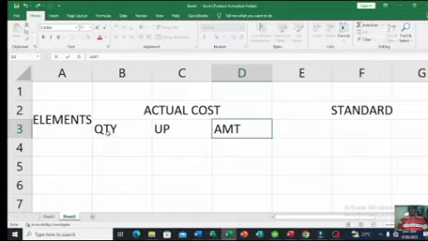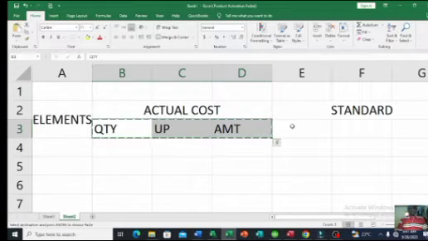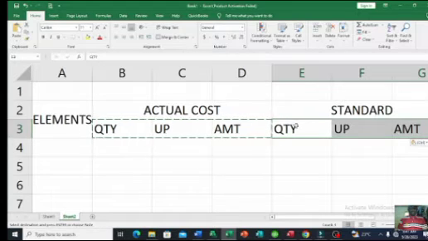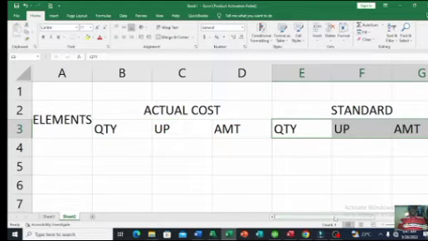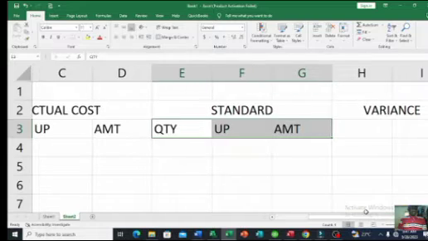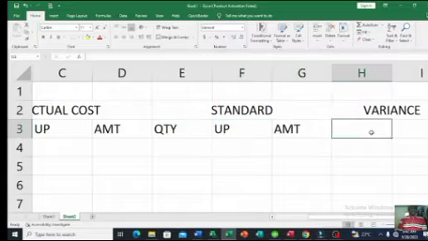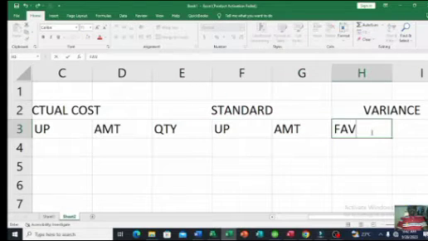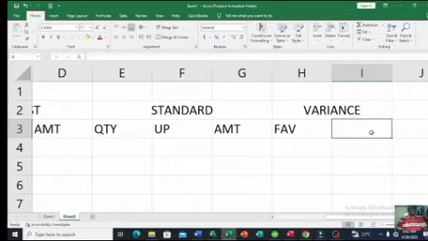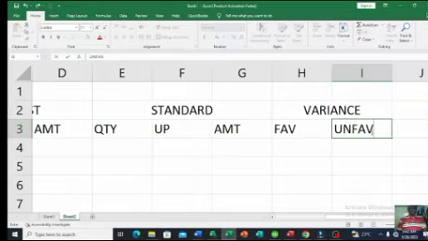I will repeat this three times here, right? And then under the variance, I'm going to have favorable, and then unfavorable.